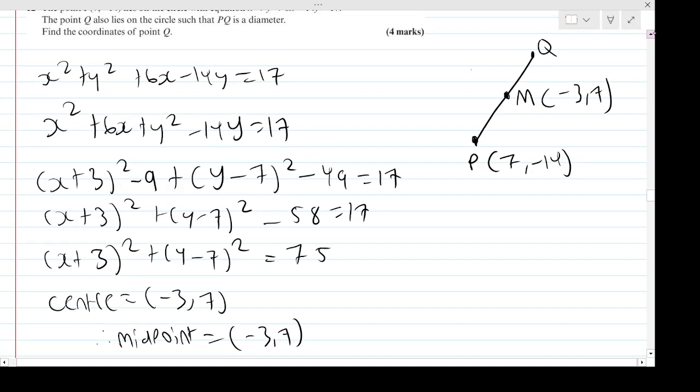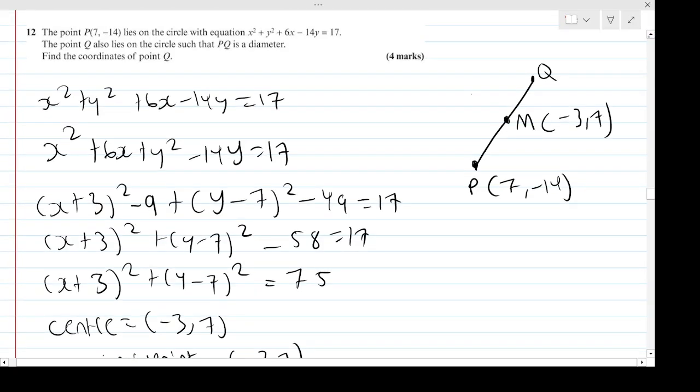But then I can work out the coordinates for Q, because I can work backwards to work out the midpoint. So remember, if I call Q, again, let's say a point (x, y), well then I can say the midpoint between P and Q is adding the x coordinates and the y coordinates together.